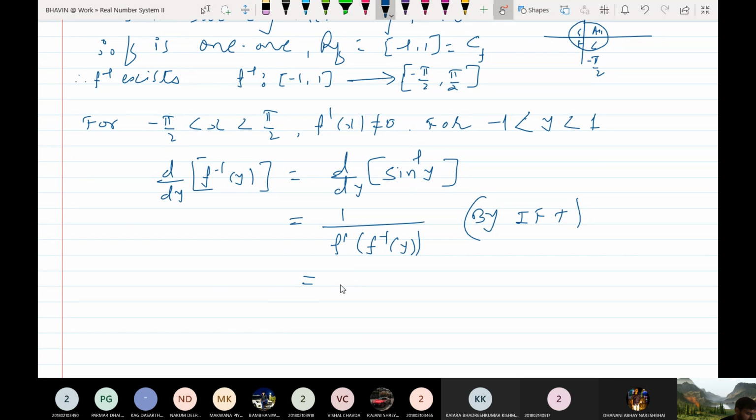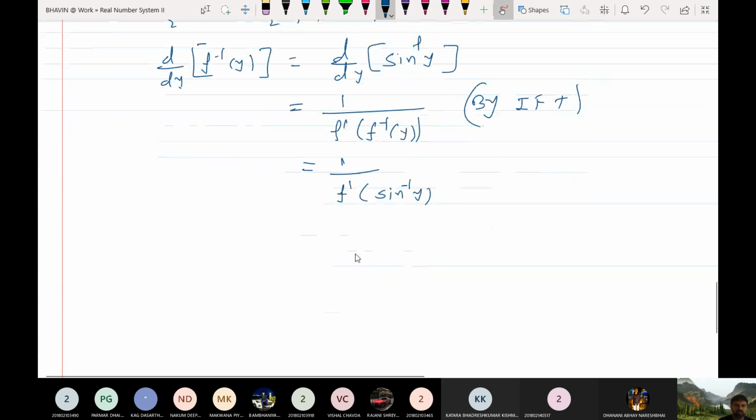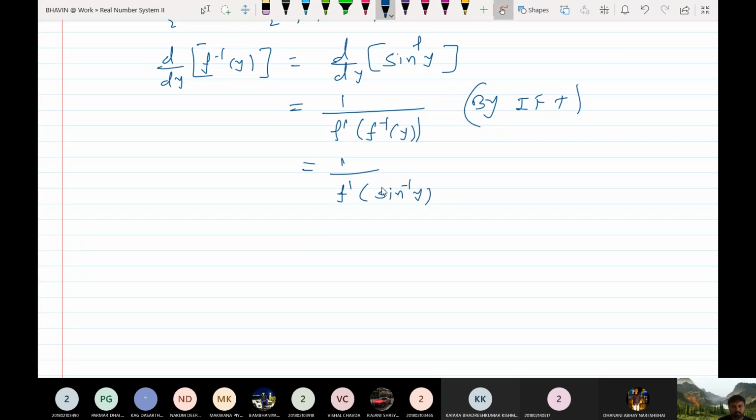What should I write here? मुझे क्या लिखना चाहिए यहाँ पे? f inverse y equal to sin inverse y, because the reason is this: x equal to sin y if and only if y equal to sin inverse x, or y equal to sin x if and only if x equal to sin inverse y. Let me take y equal to sin x.